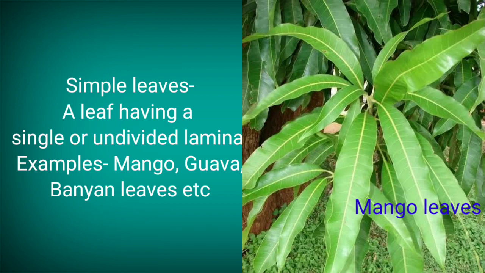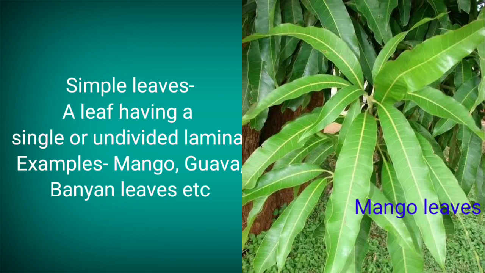So there, the leaf develops right from the node, and that whole leaf is the entire one, where the petiole doesn't get divided, and since the petiole doesn't get divided, the lamina of the leaf is also undivided.